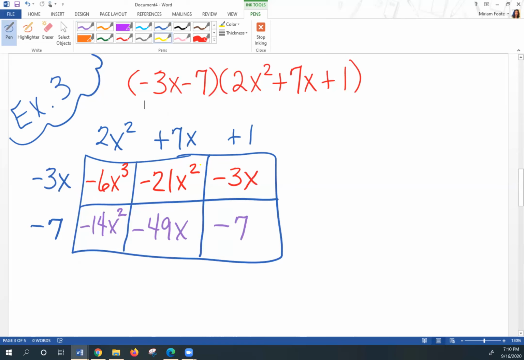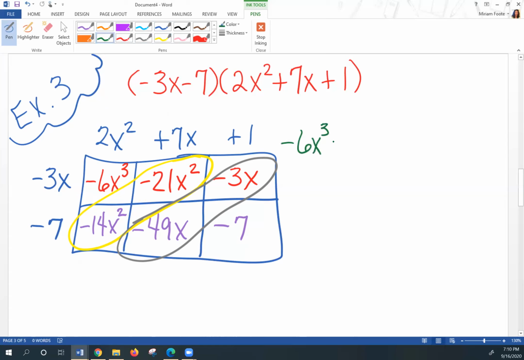If I look diagonally, I can see that I have an x squared and an x squared. I know I can combine those. And then I have an x and an x. I can combine those. When I am writing it, I start from my first box. So that's what I'm going to do. And I end up with negative 6x cubed.